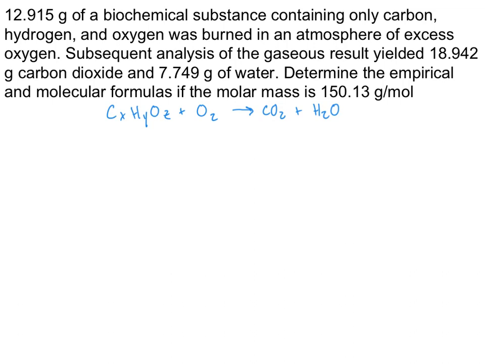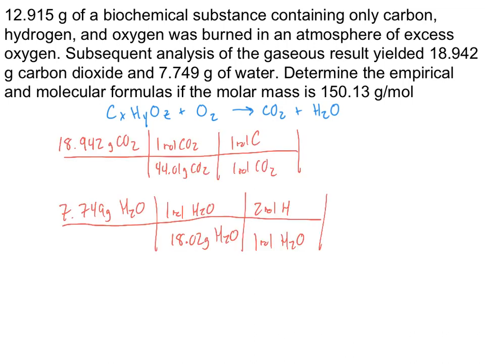The first thing we're going to do is use our amounts of CO2 and H2O in order to calculate how many moles of carbon and how many moles of hydrogen were initially present. And so we calculate those through, and we find that we had 0.430 moles of carbon and 0.860 moles of hydrogen initially present.